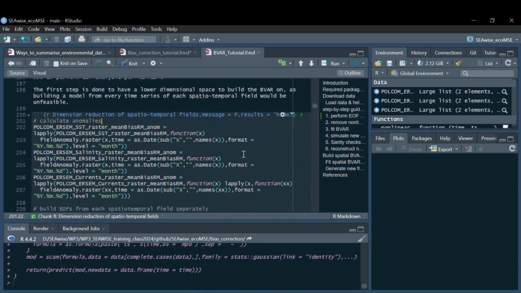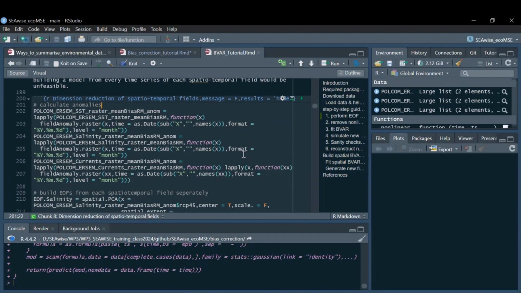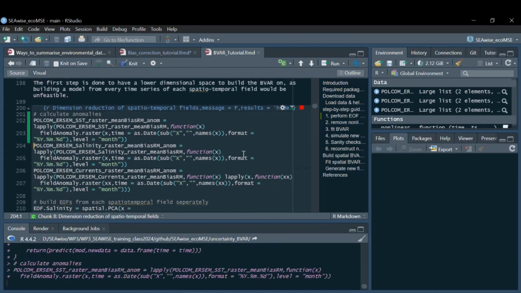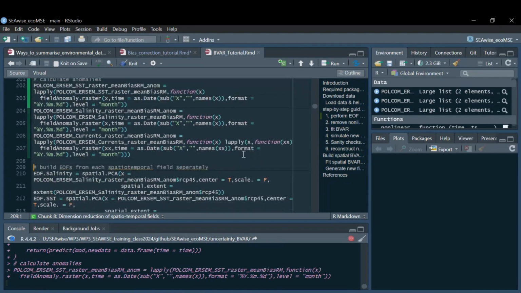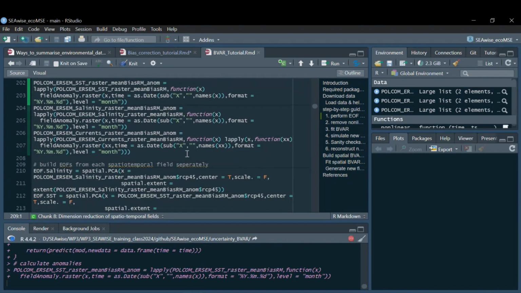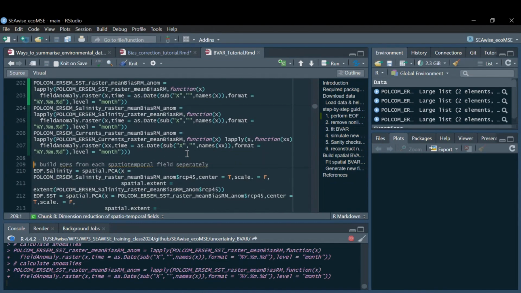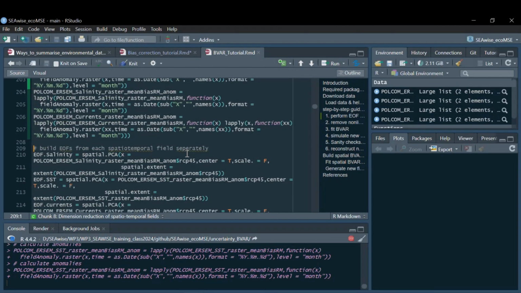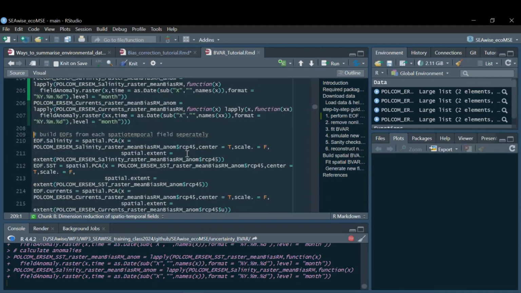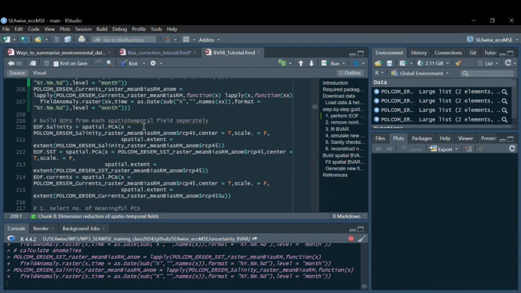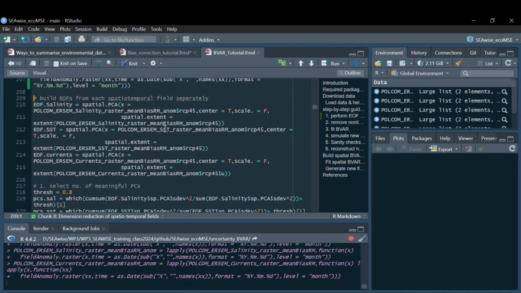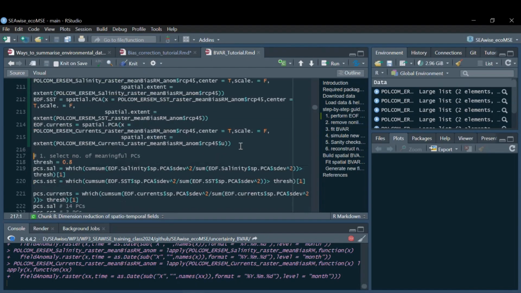And here we first calculate the anomalies of the data. There we remove the mean for each month from every grid point. And then we perform our spatial PCA analysis on every one of those three data sets: salinity, SST, and currents.